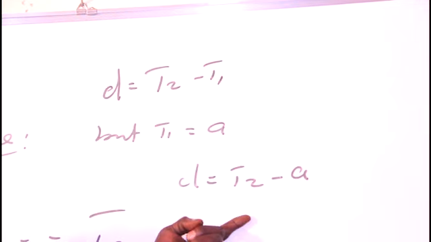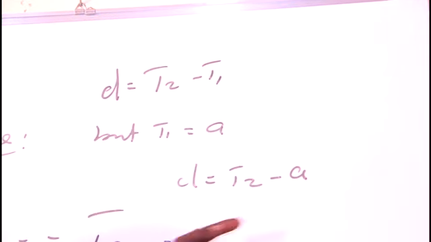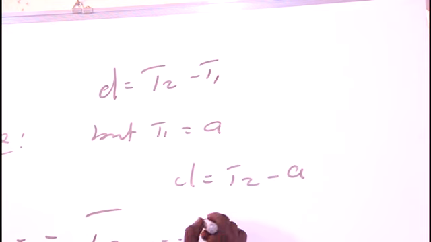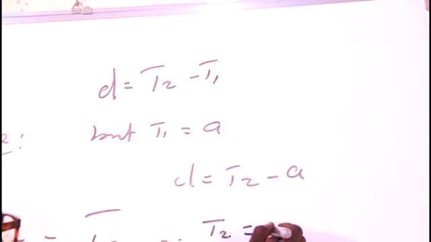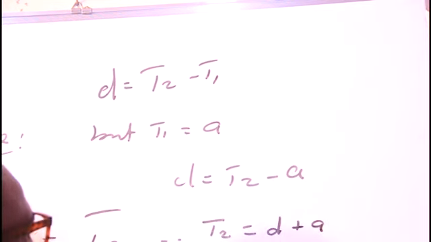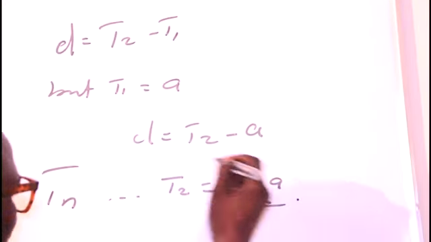Then for me to find T2, I will add the additive inverse, plus a, to both sides. That will give me T2 equal to d plus a. So this is for T2.